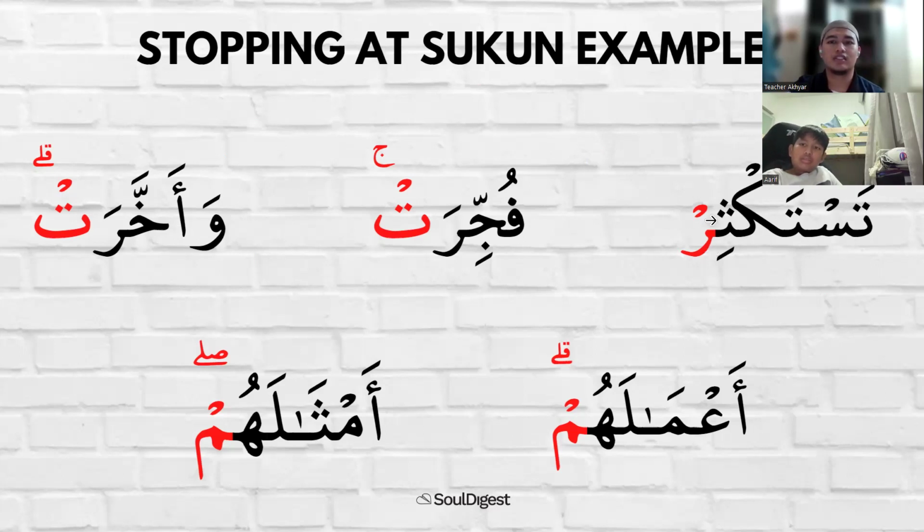So here's the sukun symbol, right? So what sound do we mute here? Ra. The ra sound, right? Also same goes to this sound, the sa, and also the ka. So when we have the symbol, we mute the vowel sound of the letter.